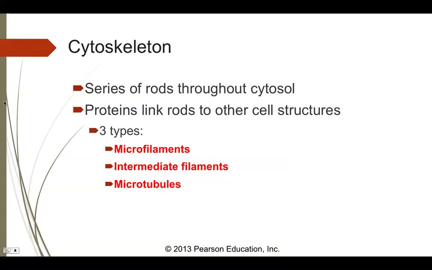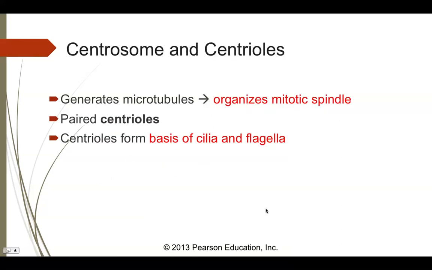The cytoskeleton. This is a series of rods throughout the cytosol. Proteins are going to link these rods to other cell structures. There's 3 basic types: microfilaments, intermediate filaments, and microtubules. Then we have the centrosome and centrioles. These will generate microtubules to form the mitotic spindle.